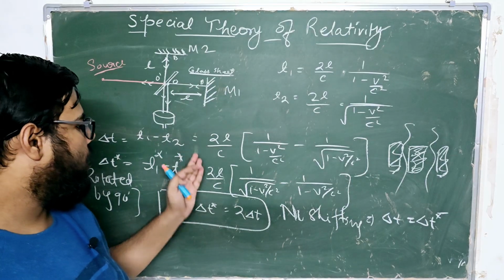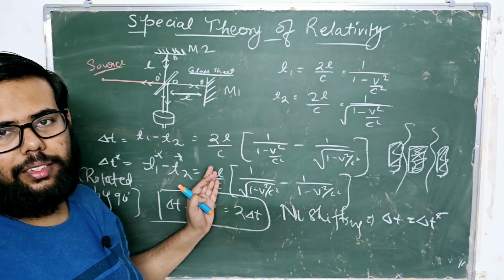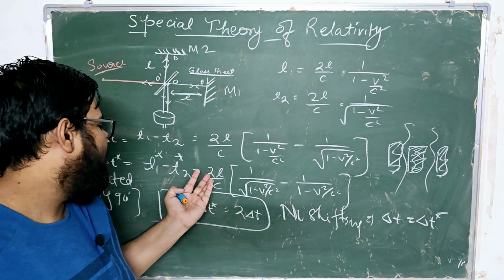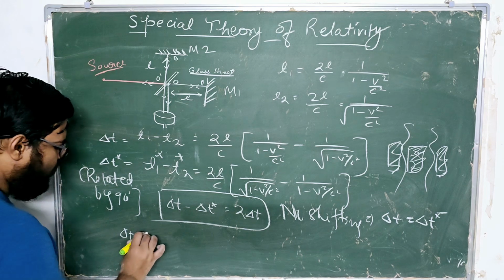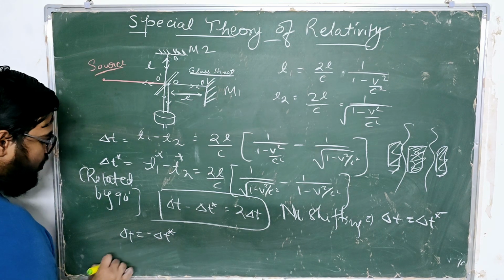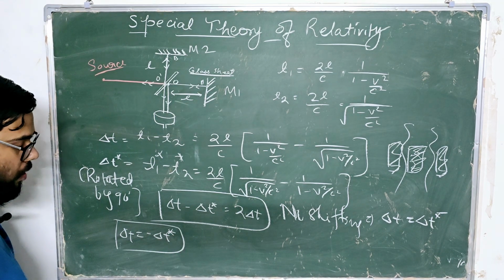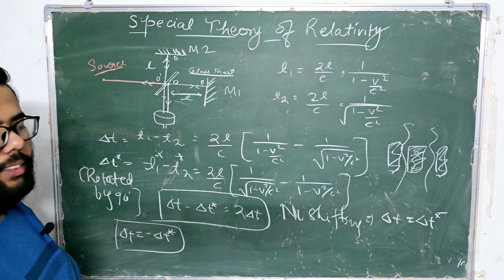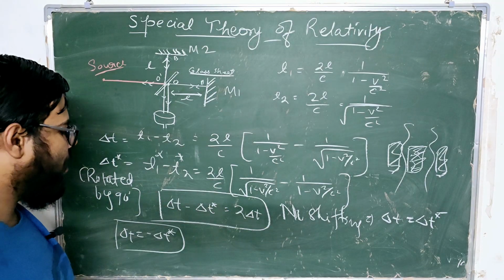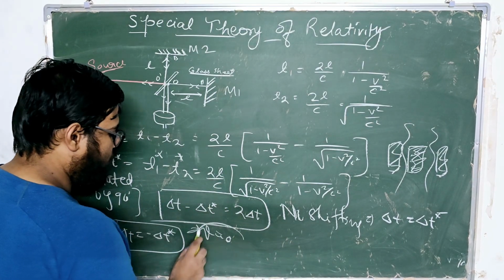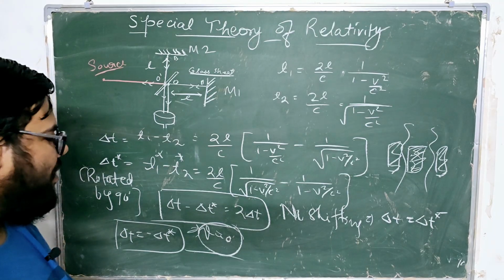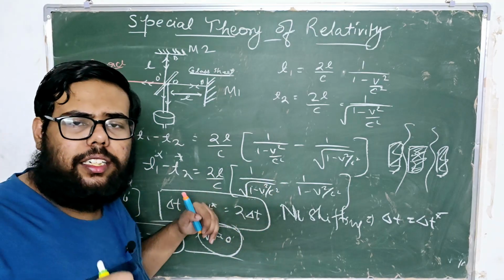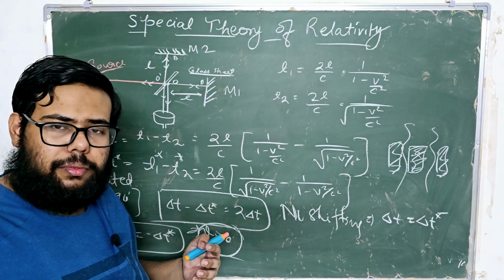Basically delta T is the negative of delta T star. So if they both have to be equal, these two have to hold simultaneously, which implies that velocity should be equal to 0, correct? The velocity of Earth with respect to the frame of reference of ether should be 0.